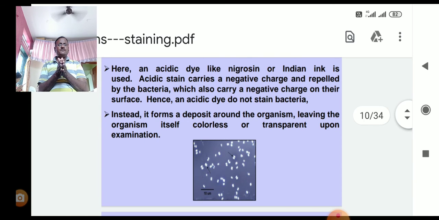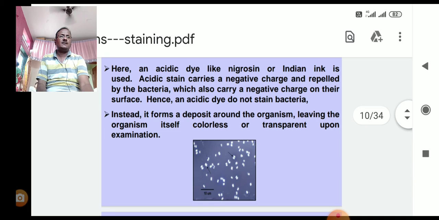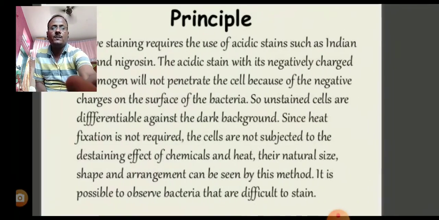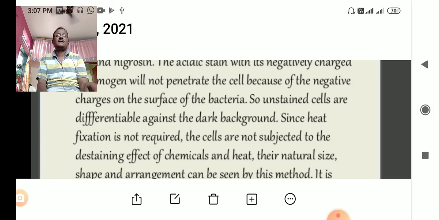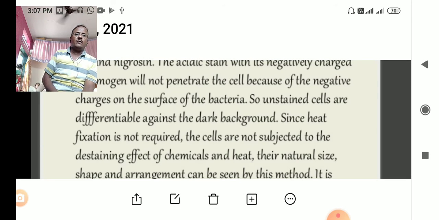So friends, this is all about the procedure, techniques and observation of simple staining techniques. Now we'll see the principle of such staining techniques. This is very important.